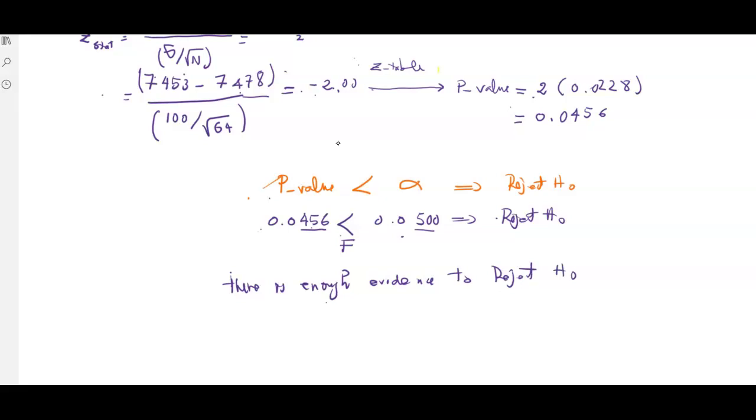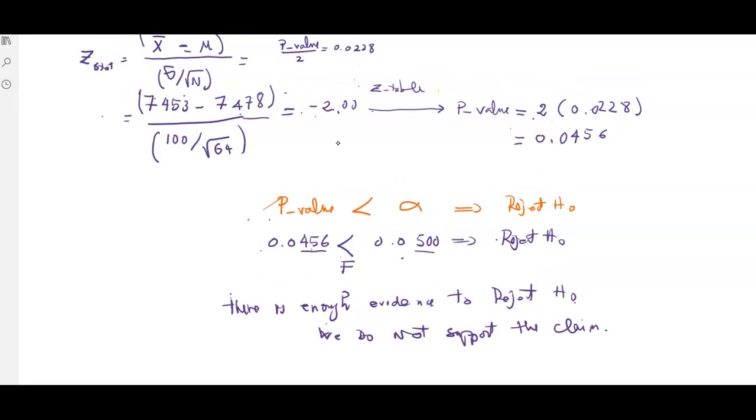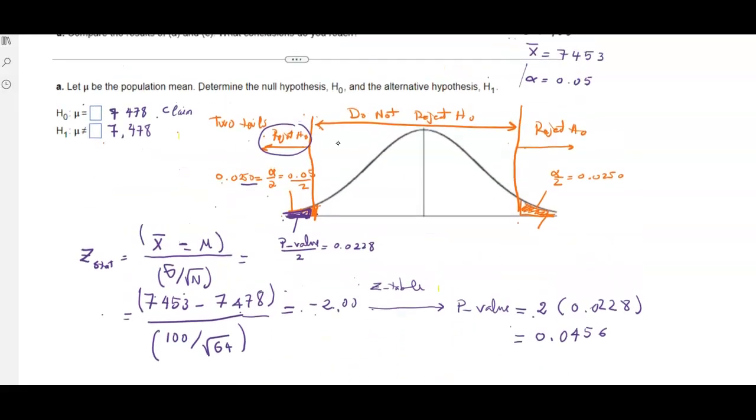Now, are we supporting the claim or not? We do not support the claim. Remember, H0 is the claim. What does it mean that we do not support the claim? H0 says that the mean life is 7,478 hours.